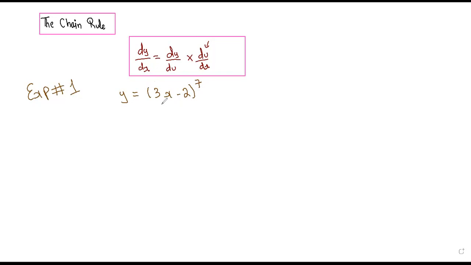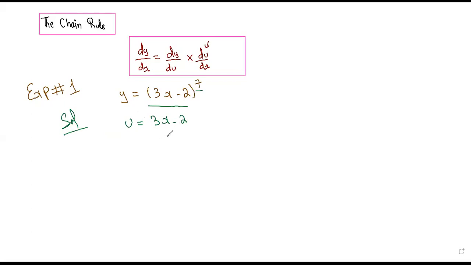Now, for such cases where you have a factor to the power something, what do we do? So I am interested in finding out dy by dx. This is how we denote differentiation, okay? I am going to write u equals 3x minus 2, okay?